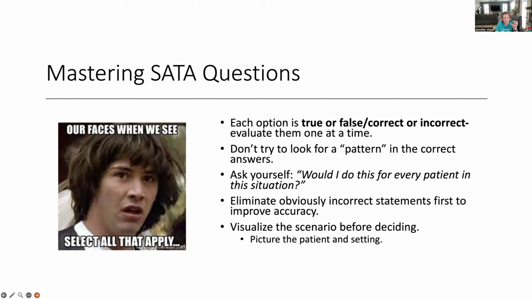What's nice about select all that apply, and I can't believe I'm going to say this, is it gives you the option to choose more than one right answer, right? I don't know if this is still the case, but last I heard the NCLEX was using up to 8 answer options with that. It's no longer all or none. It's now plus minus.